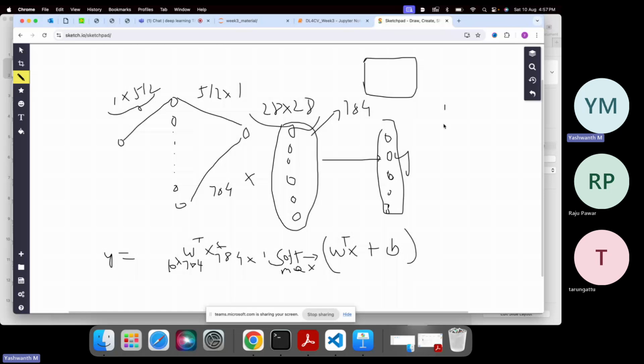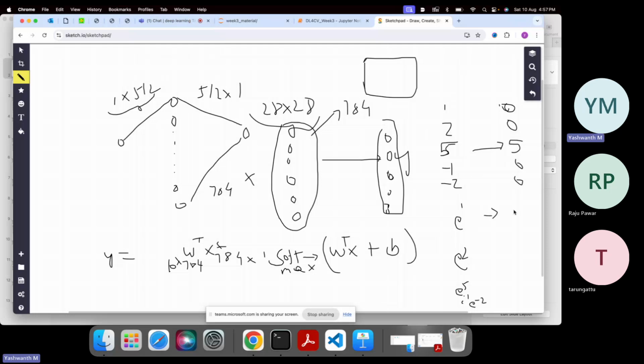So let's say you have 1, 2, 5, minus 1, minus 2. What is the max operator? Max operator will give me 5 here, right? And it completely ignores what is happening here. No information, right? What the softmax does is it takes this and exponentiates it: e power 1, e square, e power 5, e power minus 1, e power minus 2.